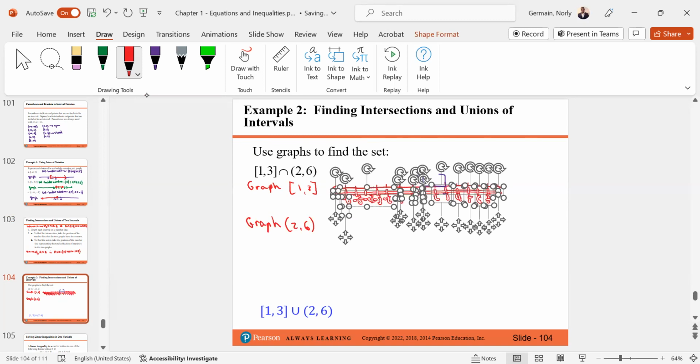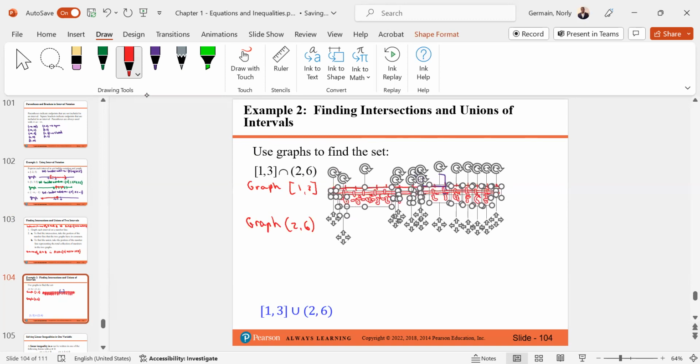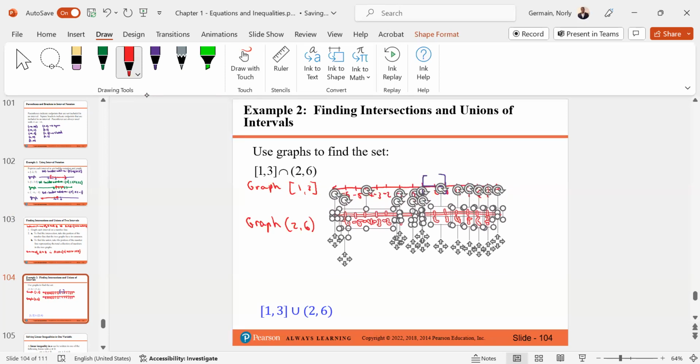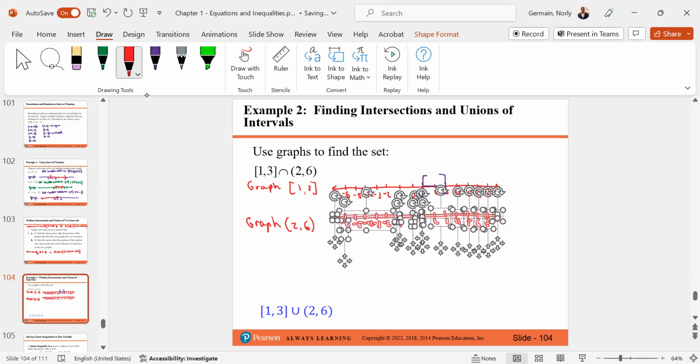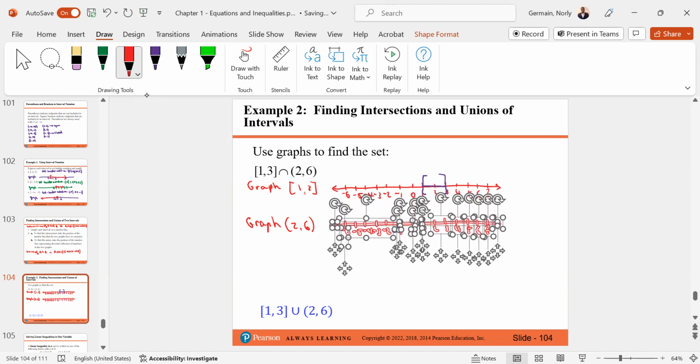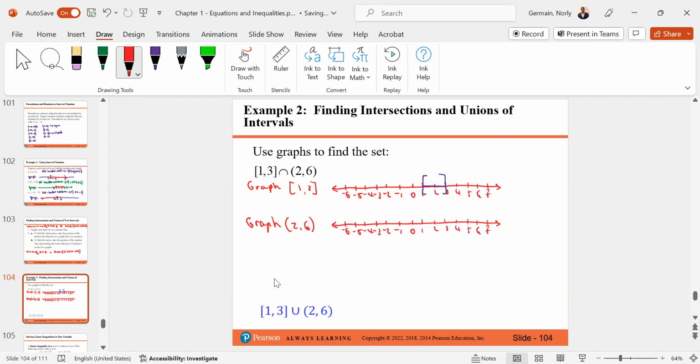Let's graph 2, 6. I'm going to go down and put it to 6. All right, 2, 6, same color. Not a bracket, because it's an open interval.